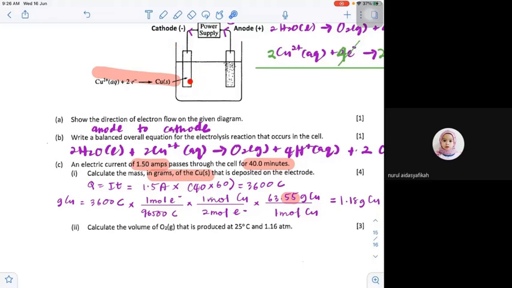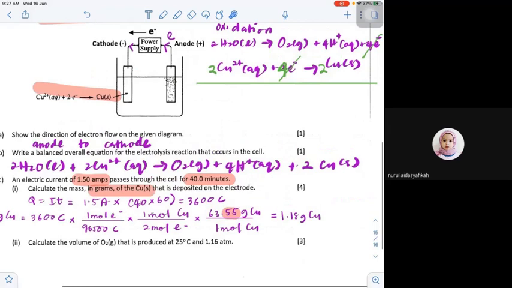In the previous example, we just determined the current from one side, from the product at the cathode. So this time, the question asks us to determine the product at the cathode and also the product at the anode. So we know that at the anode, it produces oxygen gas through an oxidation reaction here.